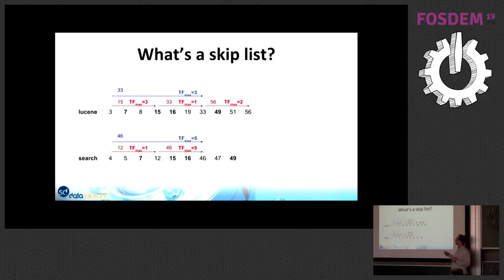And because we cannot store the scores in the posting list, what we are doing here is adding some statistics. So we say all those documents with those numbers have a term frequency of 3, and the score relies on that. If the term frequency goes up, the score also goes up.